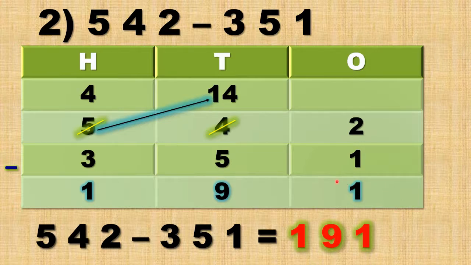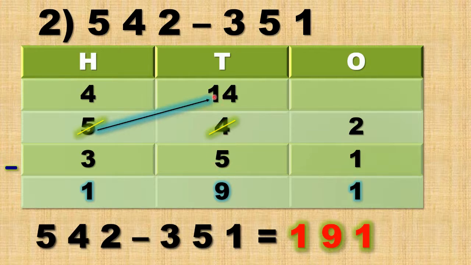Now next in tens place, we cannot subtract 5 tens from 4 tens. So we have to borrow 100 from 500's place. So 5 will become 4 in hundreds place and 4 will become 14 in tens place. Now we have to subtract 5 tens from 14 tens.